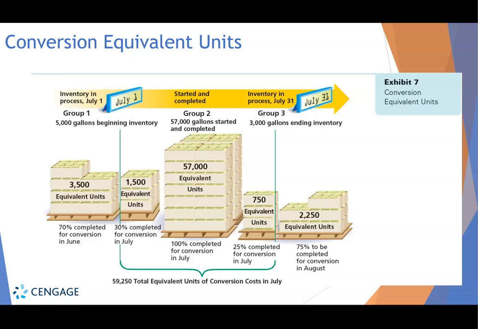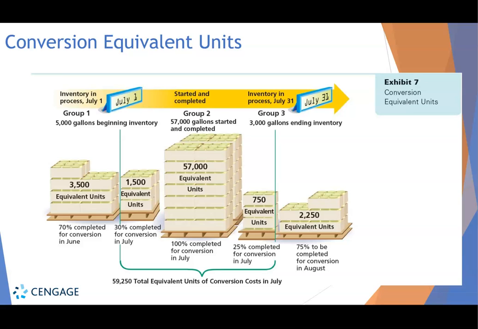So if everything's at 100% conversion costs and 70% of those conversion costs already occurred in June, that means in July we've got 30% to go. 30% of those conversion costs were added in July. So the equivalent units of conversion costs added in July are going to be 1,500, the 5,000 gallons times 30%.